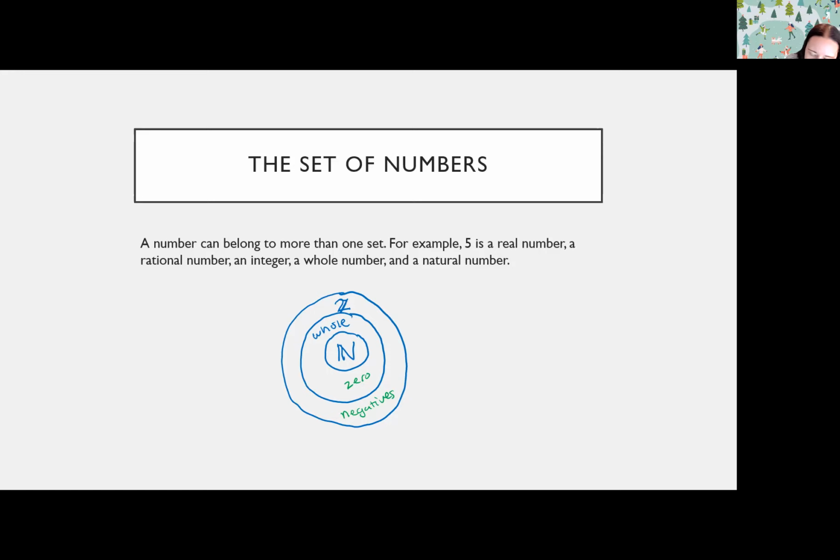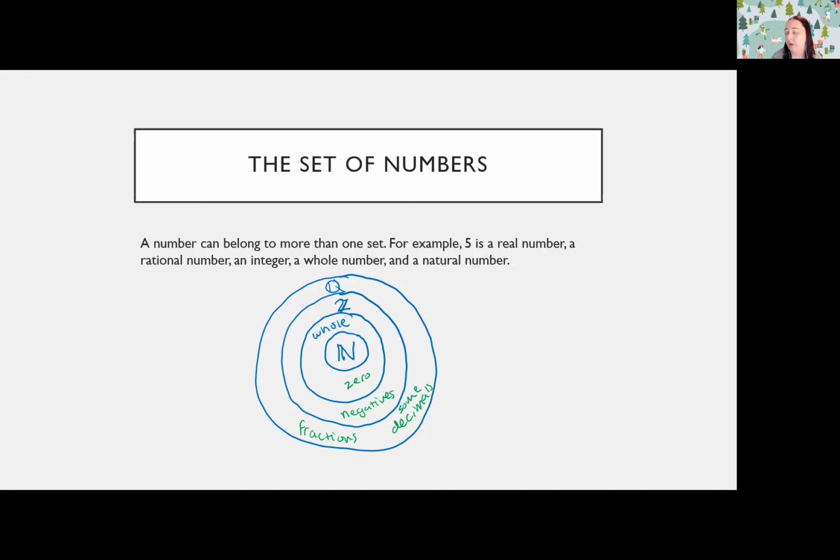Then when we throw in fractions and decimals, we get the rational numbers. I'm going to use Q for that. It's everything that we've talked about before, but now we've added in fractions and certain decimals, not all of them, some decimals.